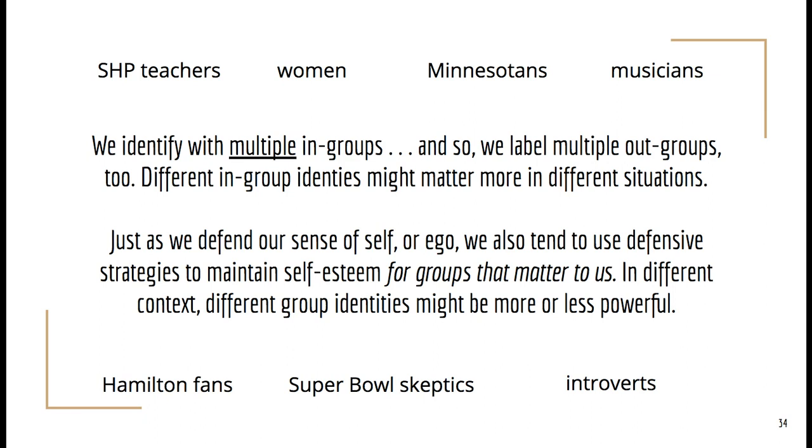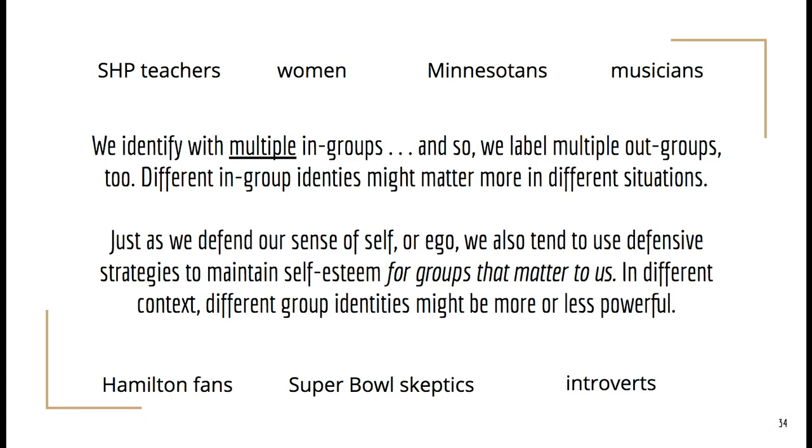And so just like we defend our sense of self or our ego when we feel like those things might be under attack in some way, we also tend to use defensive strategies to maintain our self-esteem for groups that matter to us. So again, in different contexts, that might look a little bit different.